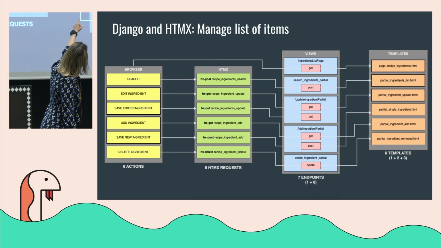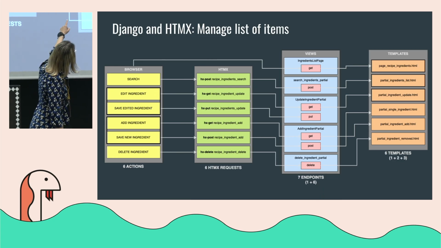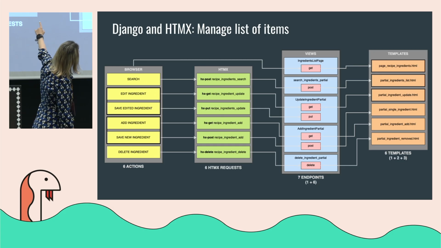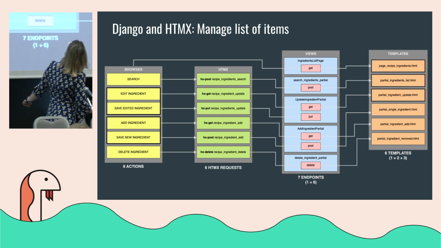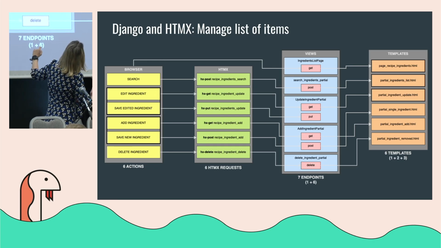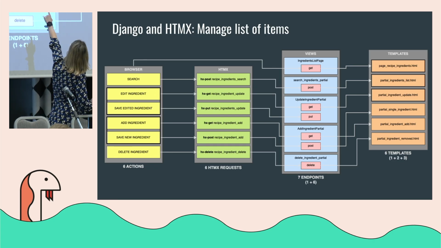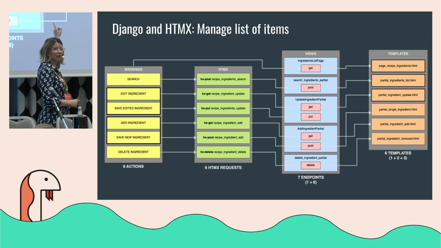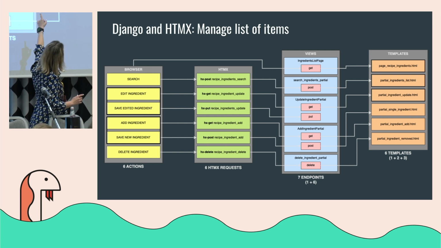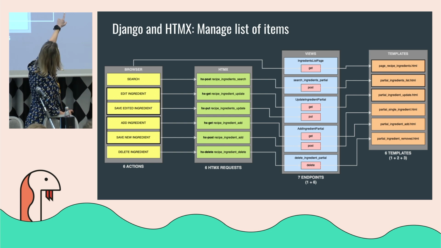I think I dropped an arrow. So this time, I think I dropped the most interesting one. Wait a minute. Update ingredient. So yeah, once you make a PUT request, because the ingredient is now updated, the partial single ingredient is returned.